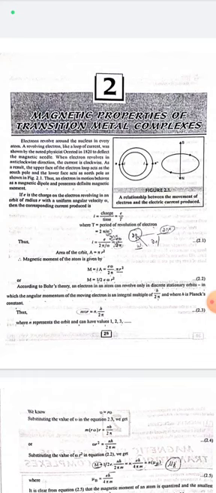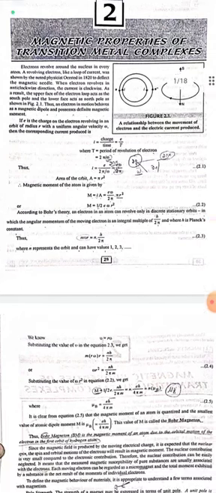According to Bohr's theory, an electron in an atom can revolve only in discrete stationary orbits, in which the angular momentum of the moving electron is an integral multiple of h upon 2 pi, where h is Planck's constant. Thus, m v r is equal to n h upon 2 pi, where n represents the orbit and can have values 1, 2, 3. We know v equals omega r.